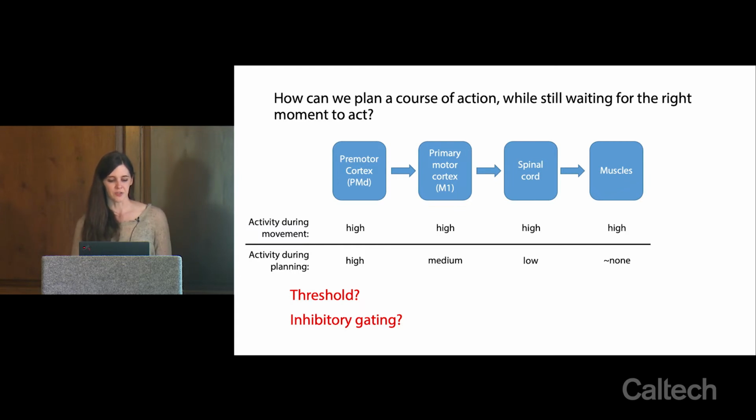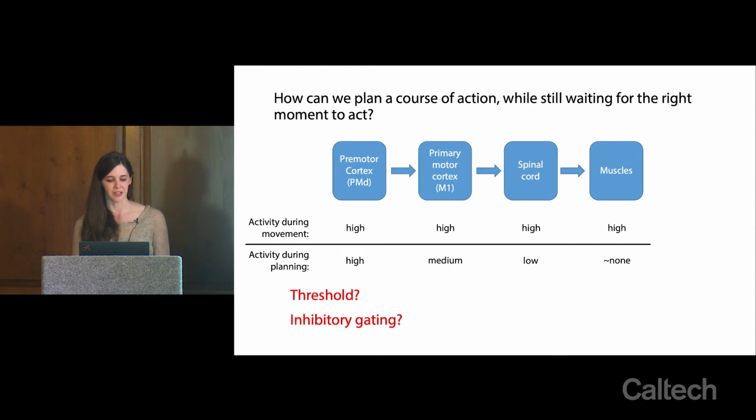What's interesting is during the planning period, you still see really high activity in brain areas that are involved in motor planning and charting out the trajectory of the reach. But as you go from those premotor planning areas down to the muscles, the magnitude of signals diminishes very quickly down to nothing.